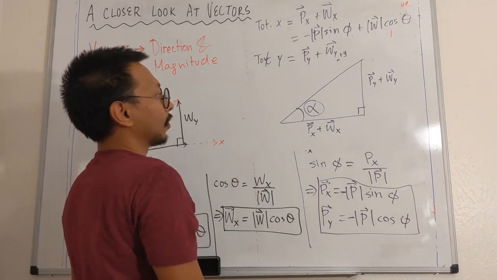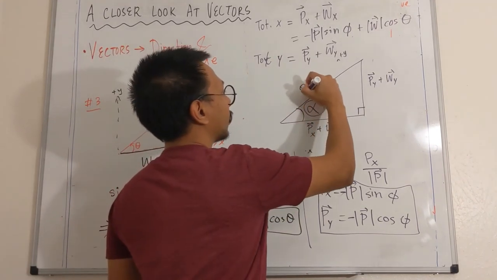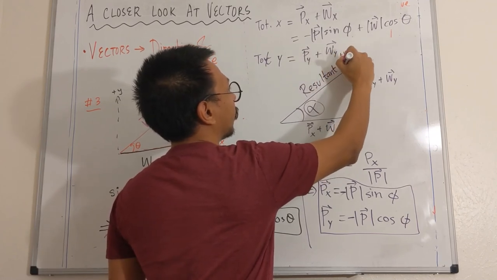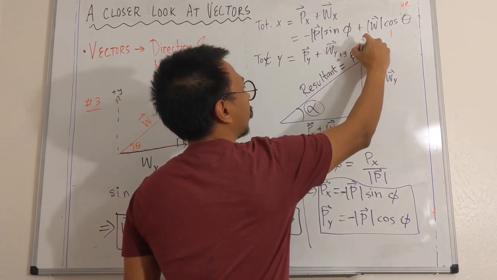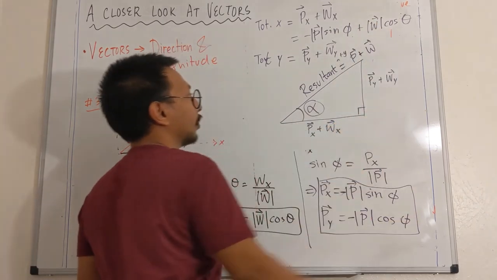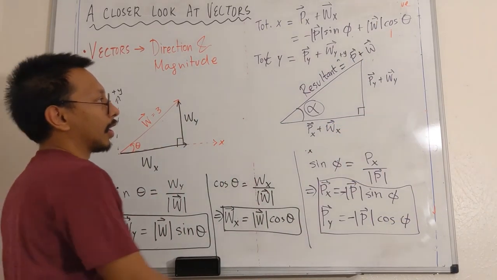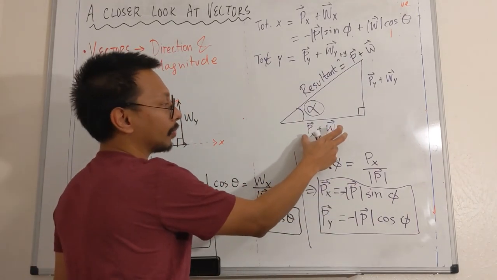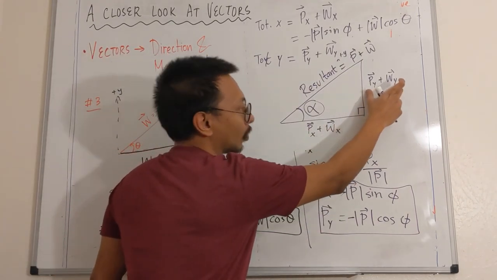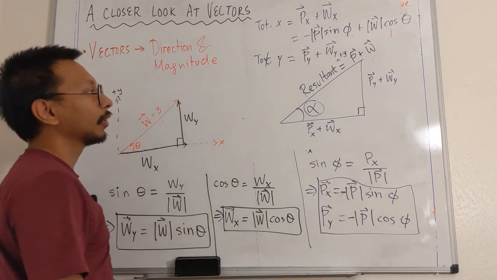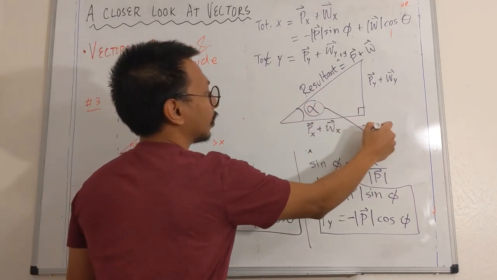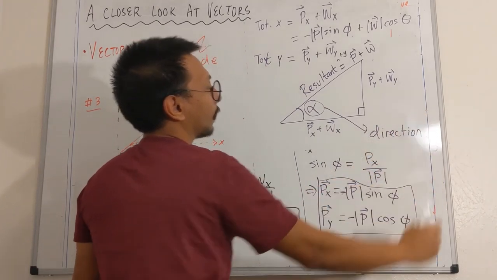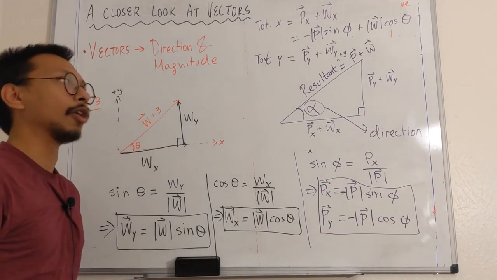Okay, so we call the hypotenuse the resultant vector, which is the total p plus w added together, and this p plus w is actually broken down into px plus wx, py plus wy. Okay, and this is the direction of the newly formed vector. I hope that makes sense.